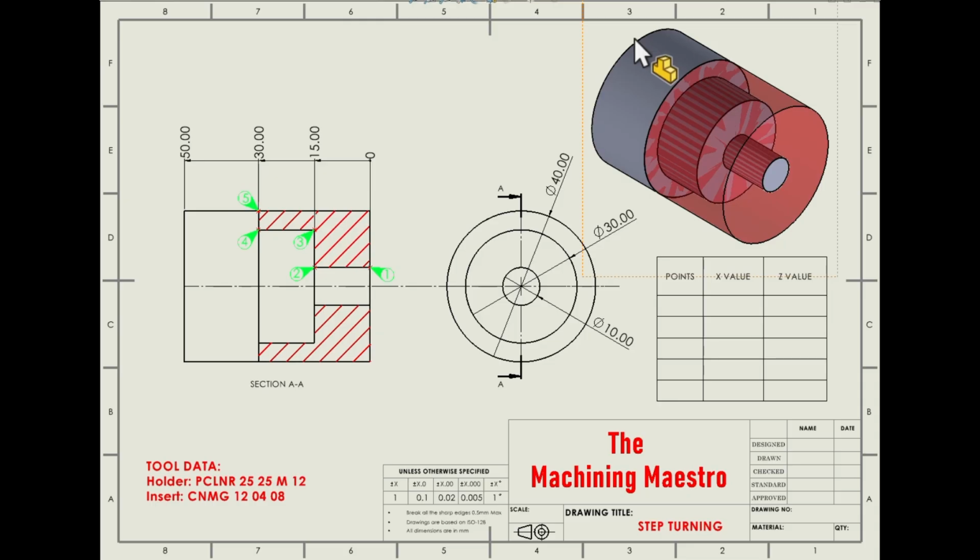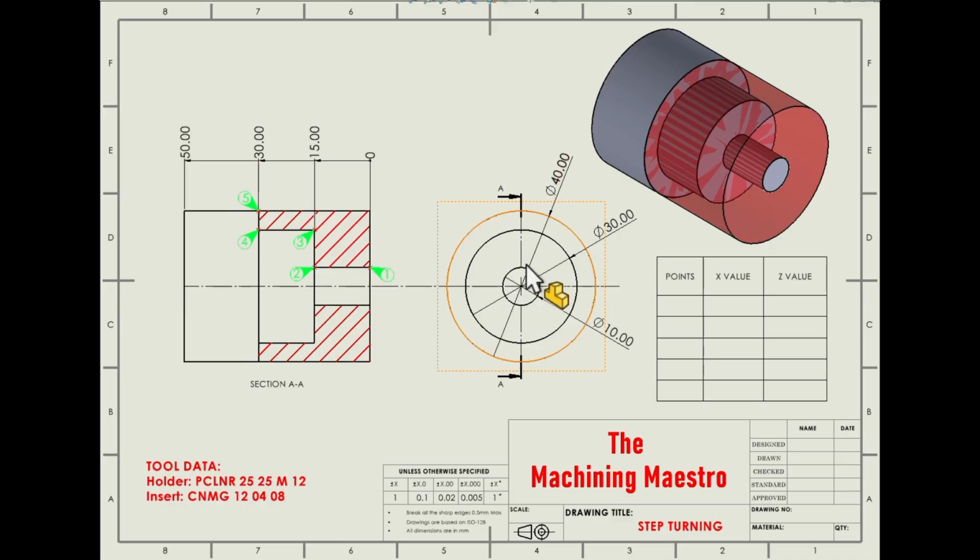Coming to the orthogonal view, here you notice this red hashing portion is the material we are going to remove to produce a step kind of structure for you. The raw material size is diameter 40, with length up to 50 mm.